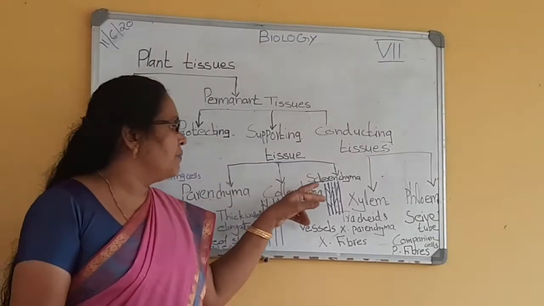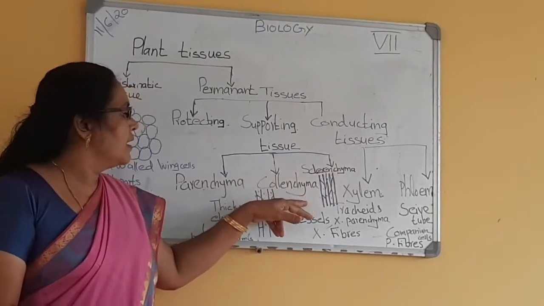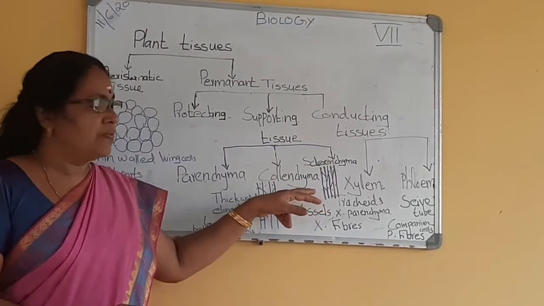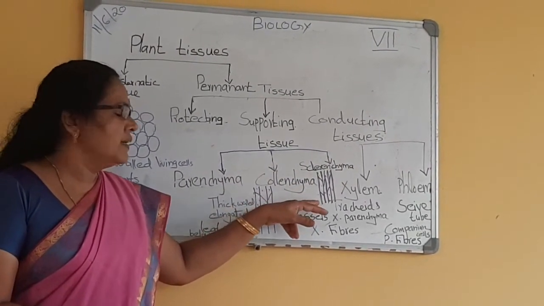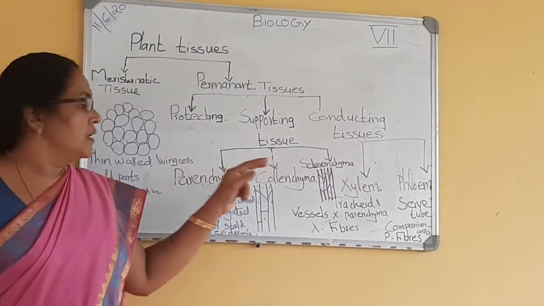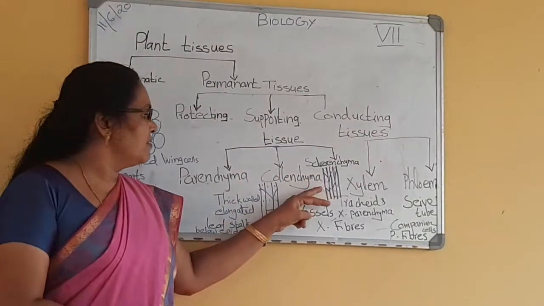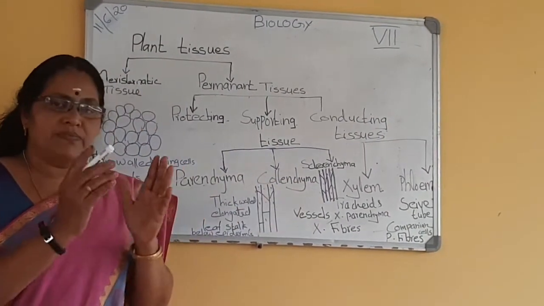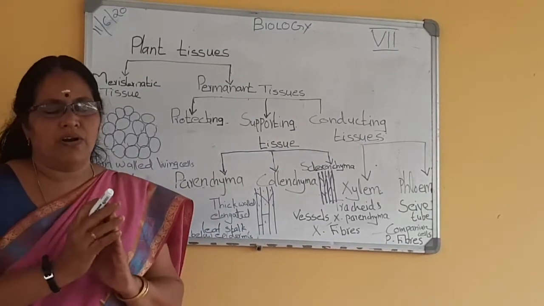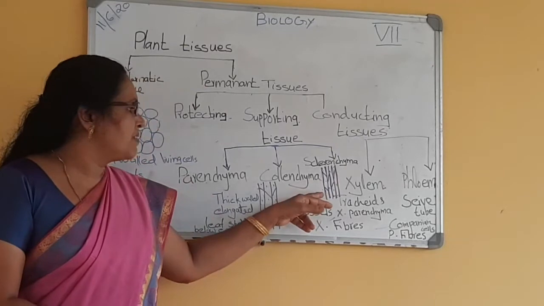Then the third type is the sclerenchyma. Sclerenchyma consists of thick-walled dead cells. The main point is that they are made up of dead cells. The thickness is due to the substance in the wall that is called lignin.